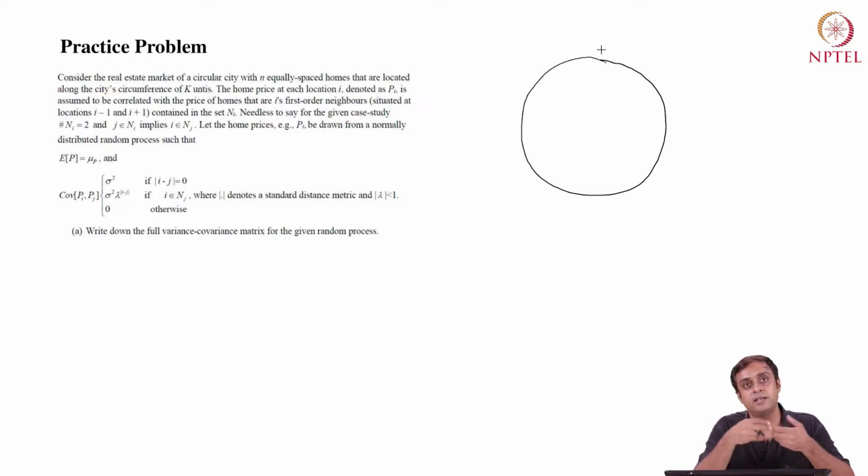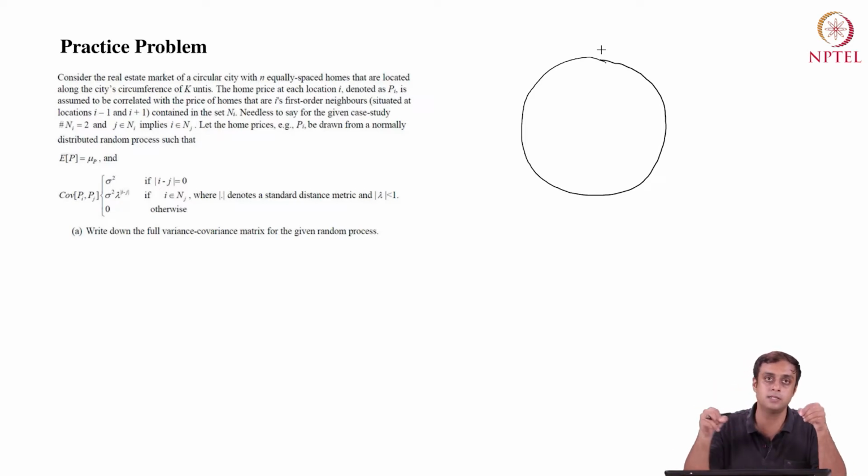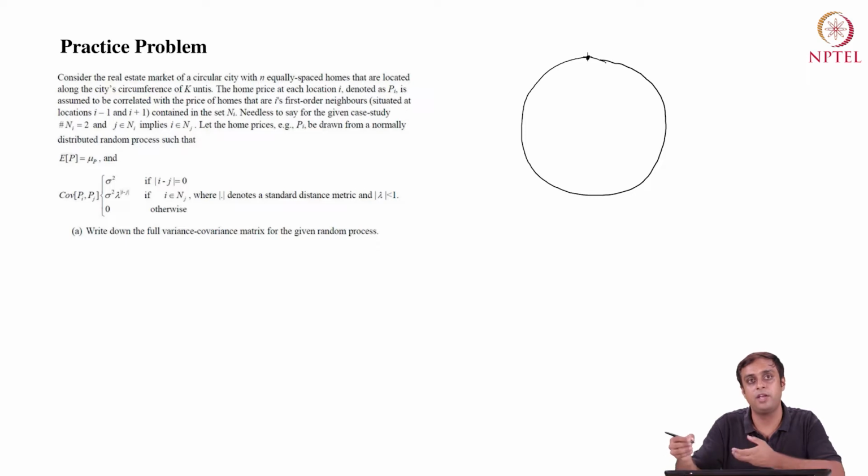That means there are going to be homes placed on this circle at a distance of k by n along the circumference. Let's call this location 1. The first star that I've drawn is location 1, and I'm going to go in the clockwise direction and keep adding a dot, or a location for a home, every k by n units apart. Of course, I'm doing it with approximation, because I do not know n or k by n.